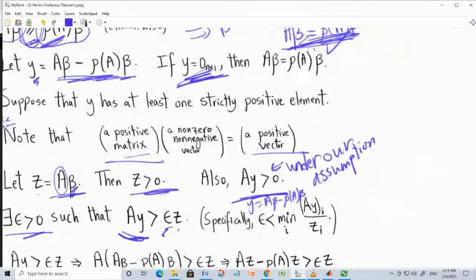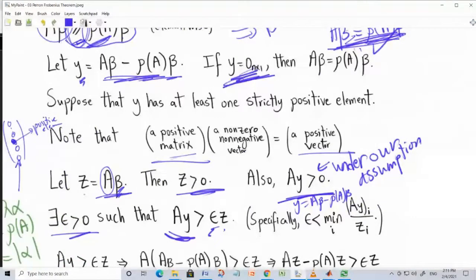Here is the idea. What is the epsilon? Vector AY is strictly positive, and vector Z is strictly positive. So what you can do is the following: you take the ith element in AY and the ith element in Z, and you take the ratio, and then you choose epsilon to be less than the minimum.